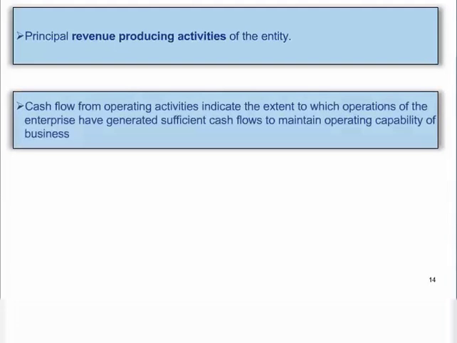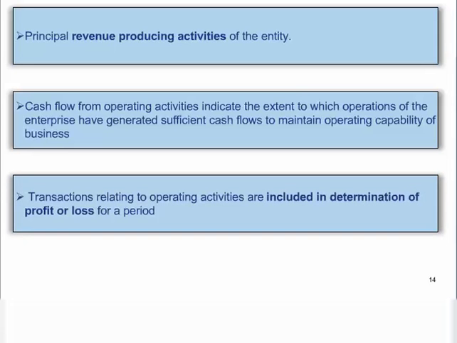Cash flow from operating activities indicates the extent to which the operations of the enterprise have generated sufficient cash flows to maintain the operating capability of the business. By analyzing the cash flows from operating activities, one can understand whether sufficient cash has been generated from operations to meet the daily expenses of those same revenue producing activities. Thus, it helps one understand the liquidity position of the entity.